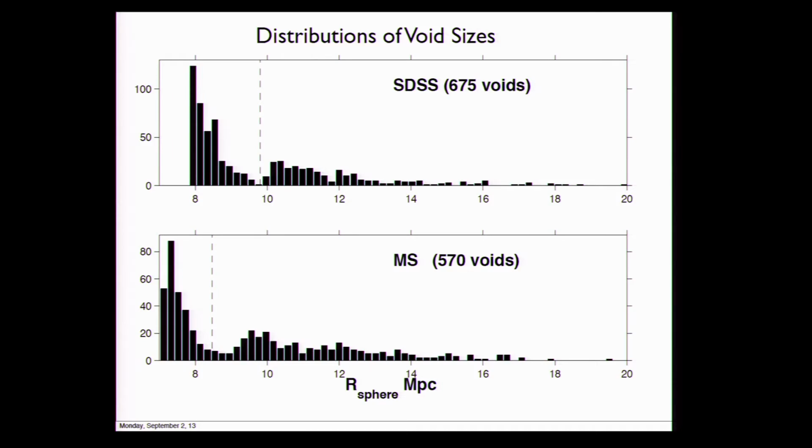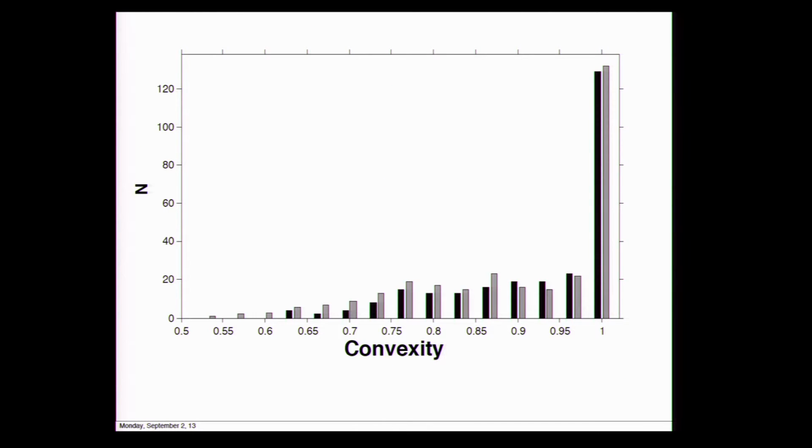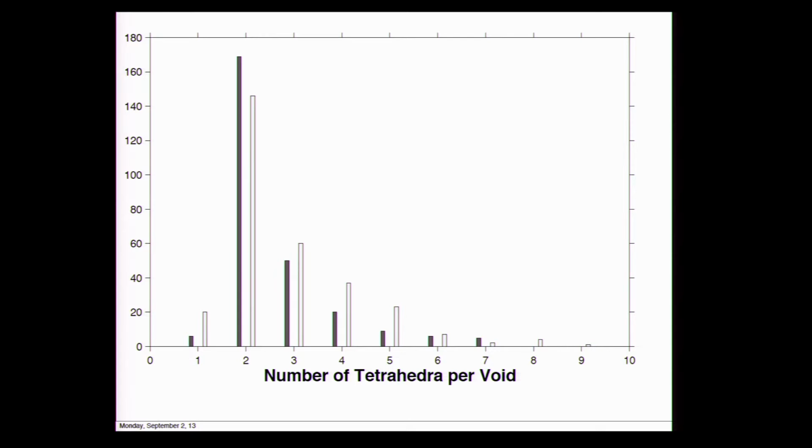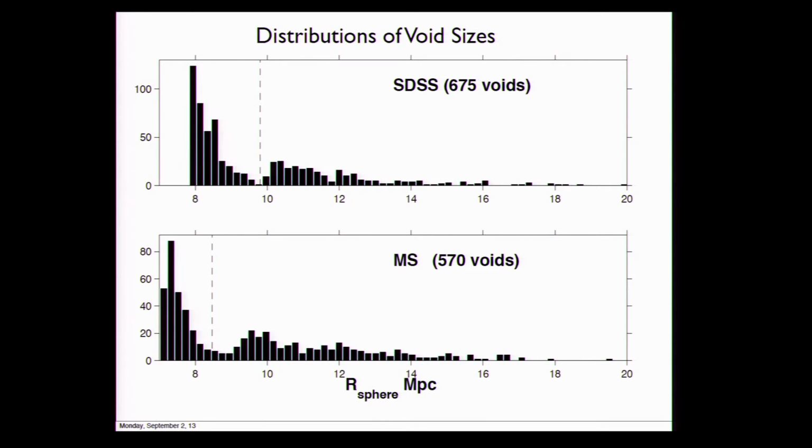And then here is, now these are, everything I've shown you before has to do with the, sorry, not quite. This is for the voids. What I meant to say is this is now the distribution of the sizes of the voids. I showed earlier a distribution of tetrahedra effective radii.